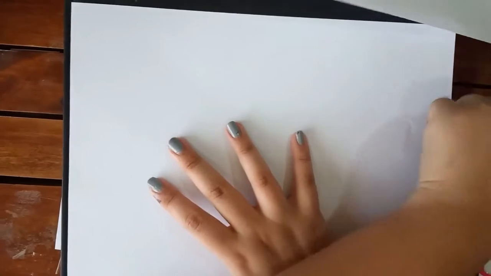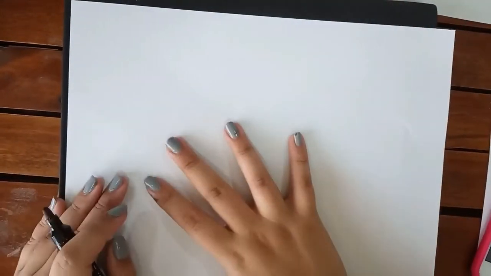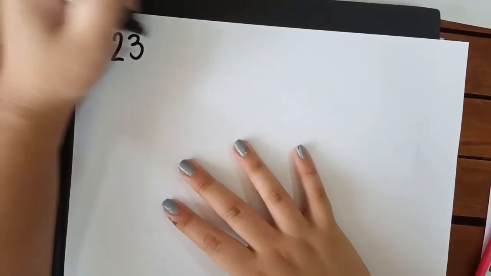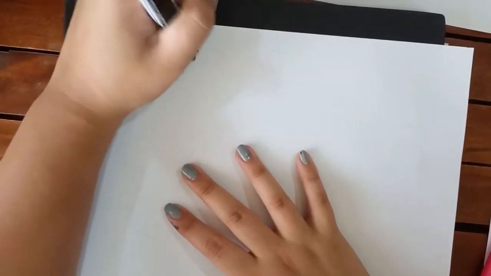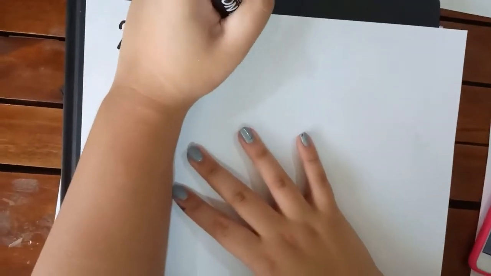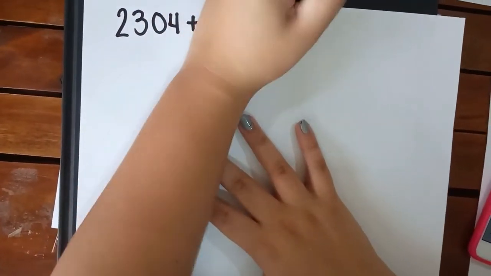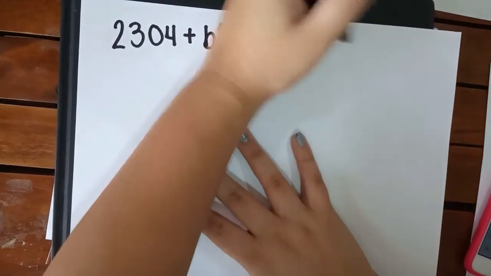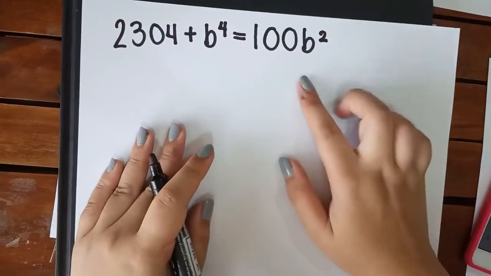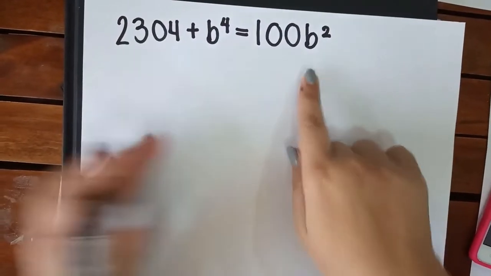After multiplying both sides of the equation by b squared and distributing the b squared on both sides of the equation, the result will be 2304 plus b to the fourth power is equal to 100b squared. We would equate this to 0 and put the 100b squared on the left side of the equation.